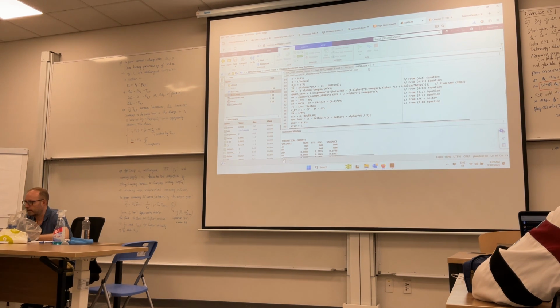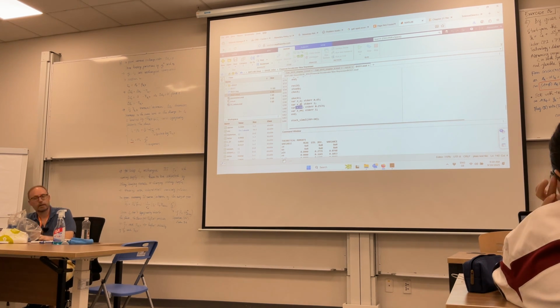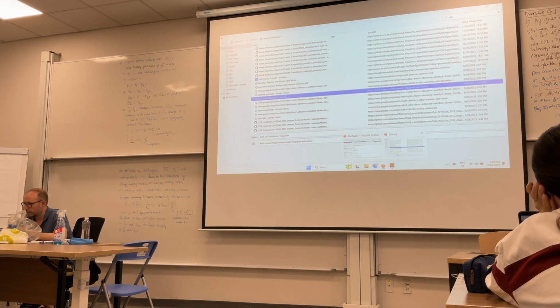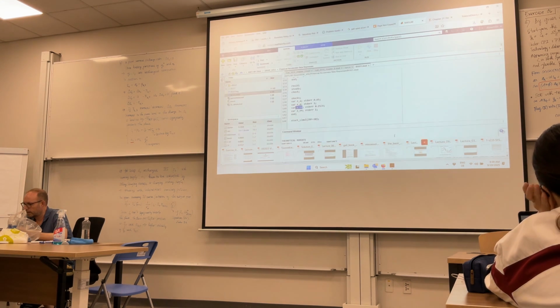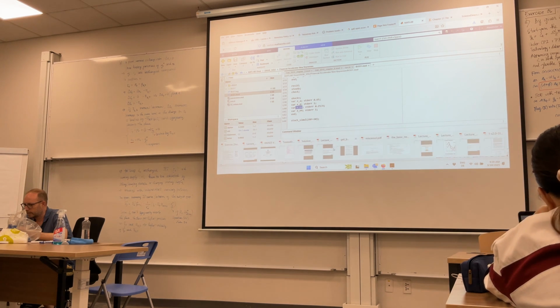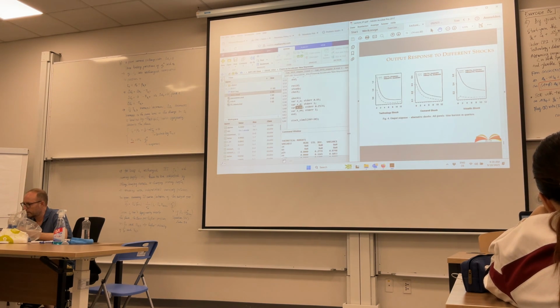We have a file here, BGG1. And we have a shock to monetary policy, a shock to technology, a shock to government expenditures or demand shock, and a shock to NH.